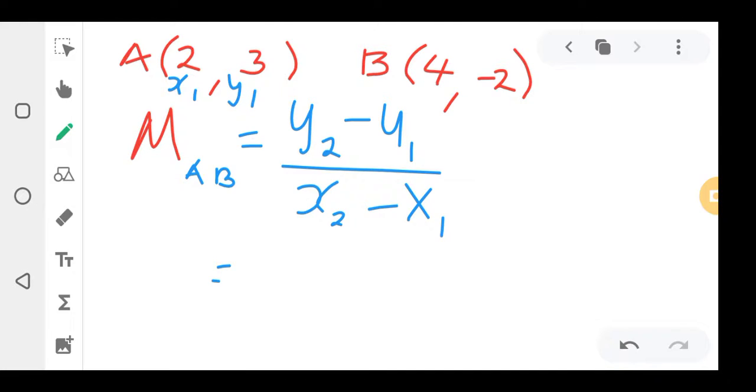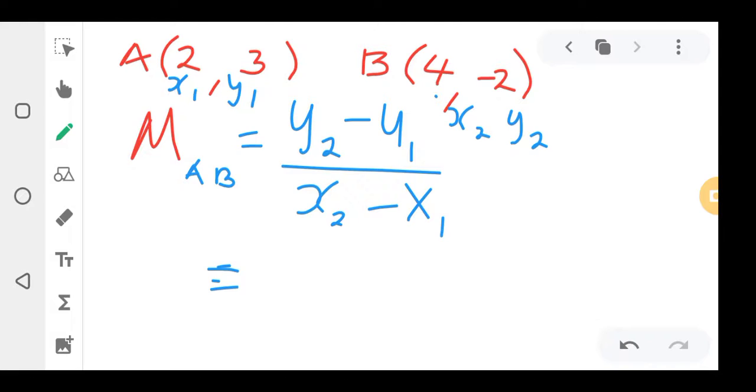The first two always have 1: x1, y1. Even this side you label it: 4 is x2, and -2 is y2. Don't swap them. I repeat, don't swap them. We start with x1, y1, and the second point is x2, y2.